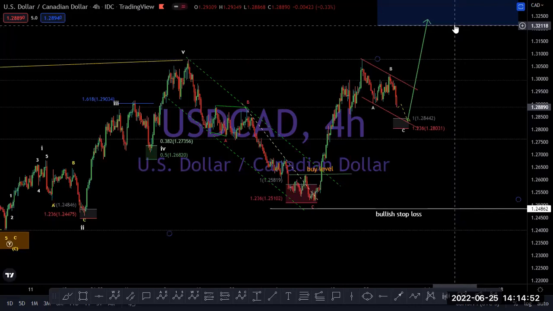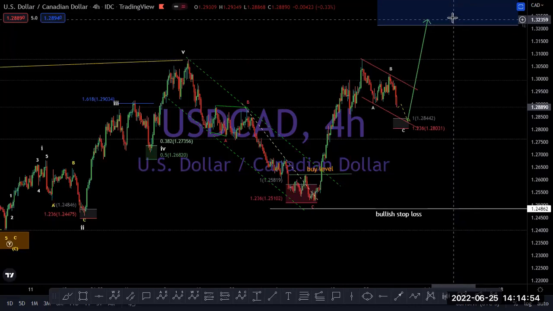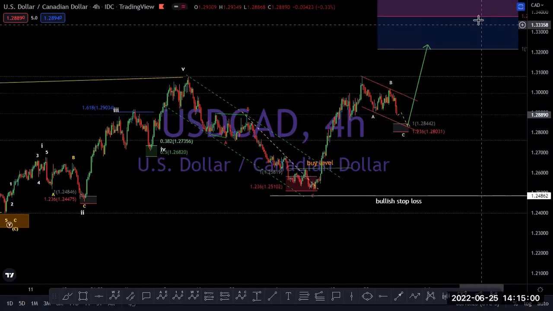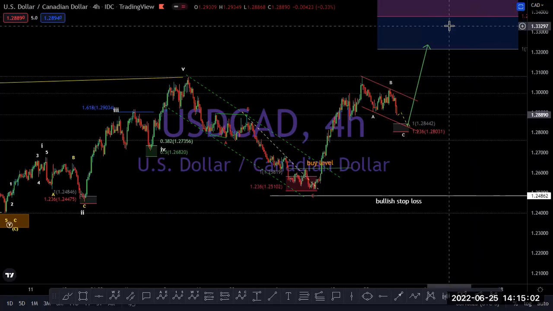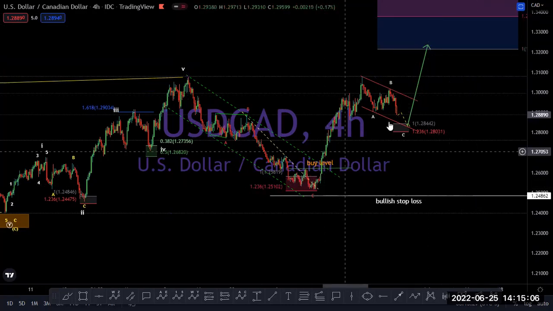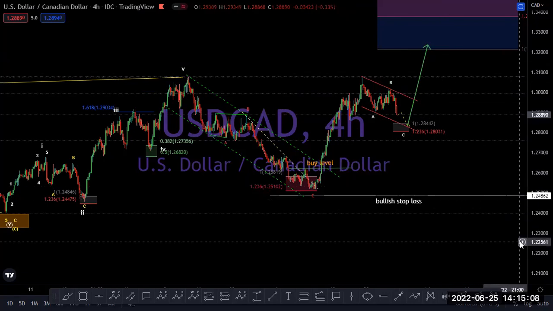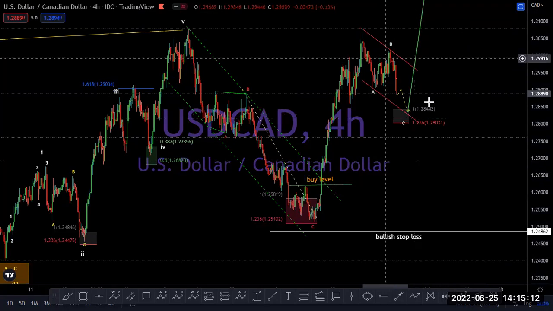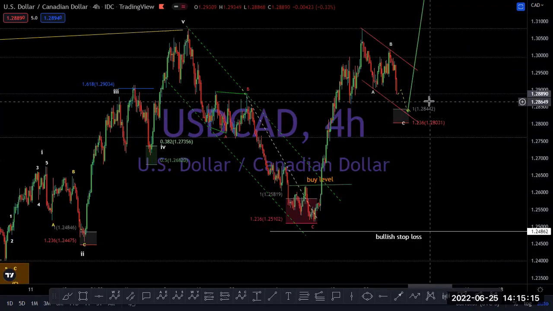We need to get to 1.32, 1.325, even 1.33, and the 1.34 zone before we talk about selling. So the bullish move is incomplete. You have an incomplete sequence on the bullish move. So if we get this, we look for buy.